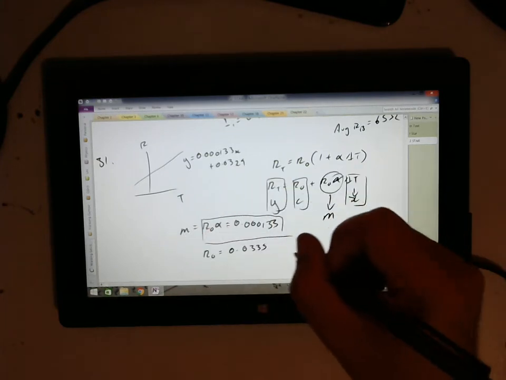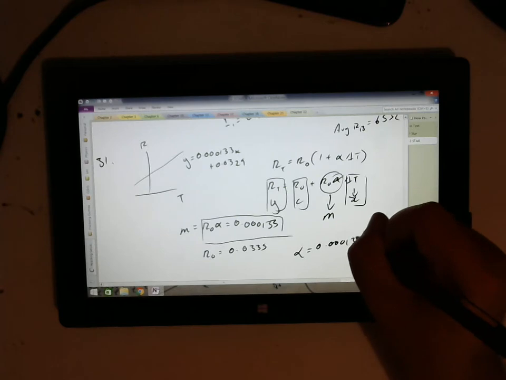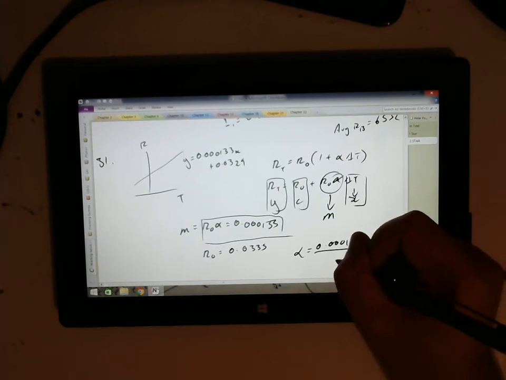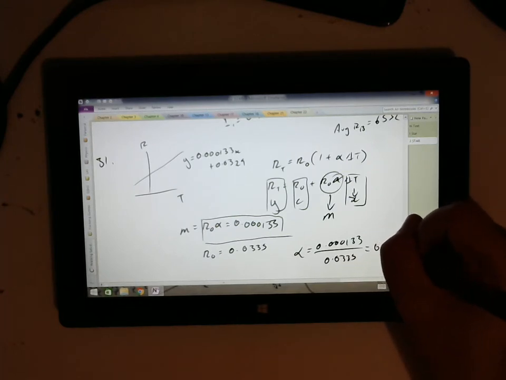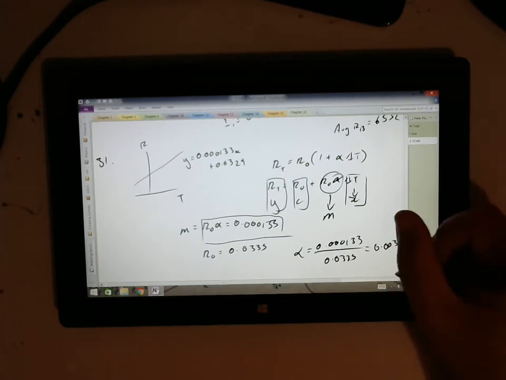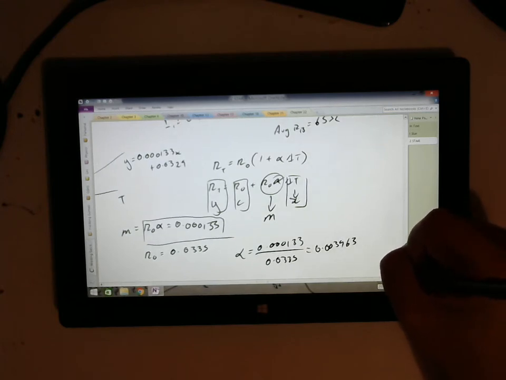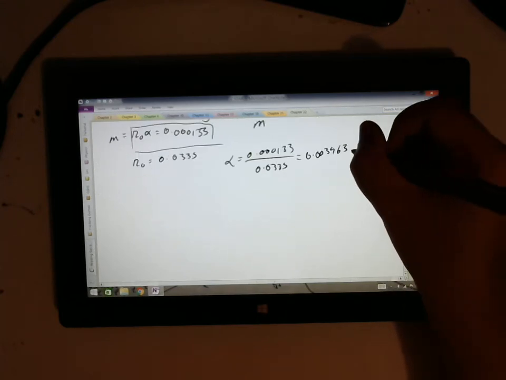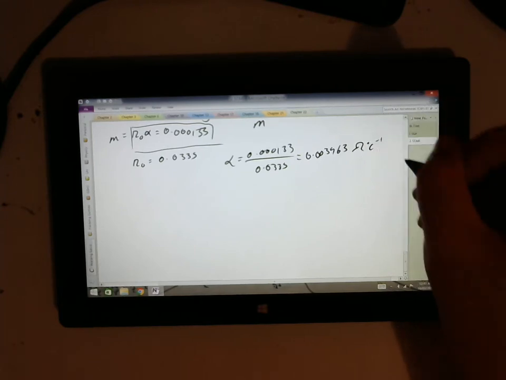So if we were to rearrange that, then we get that alpha equals 0.000133 divided by 0.0335, which equals 0.00397, and the unit for that would be ohms per degree Celsius. Let's go degrees Celsius.